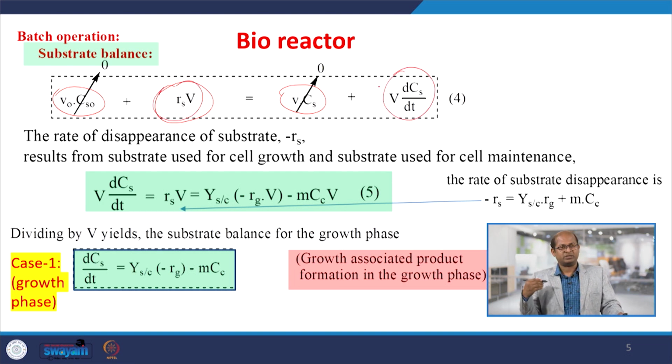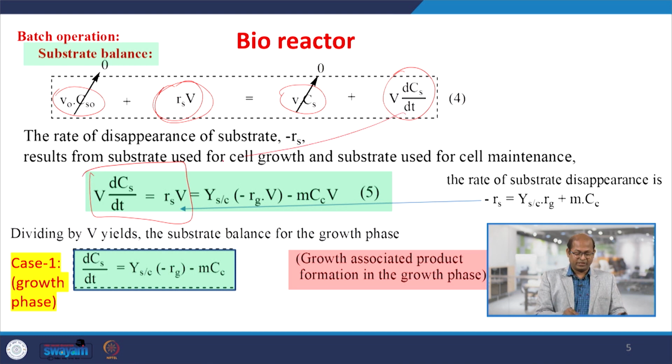Here we can simplify and write equation 4: V into dCs by dt equals Rs into V. Rs is the rate of substrate formation, okay. So, the plus sign is there.